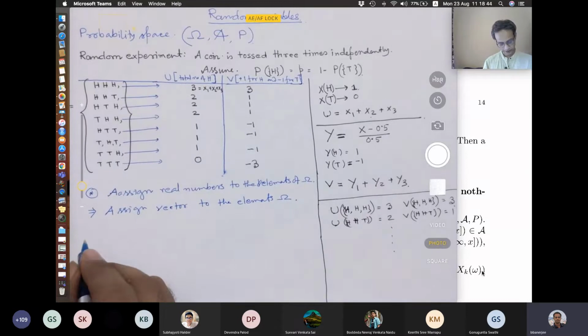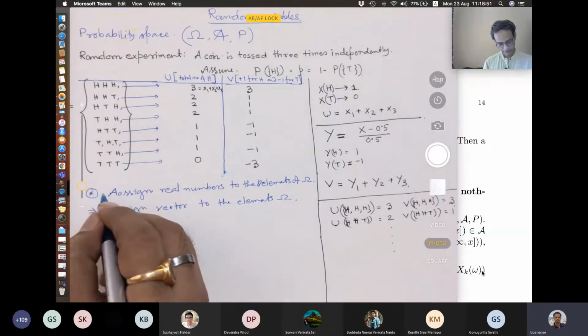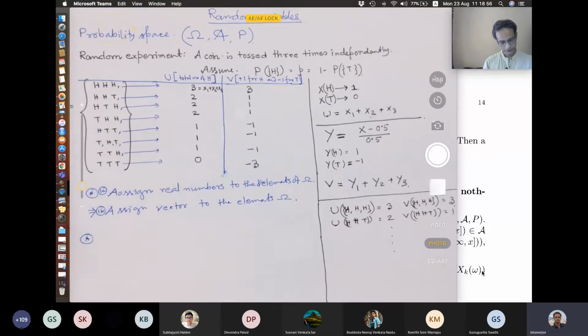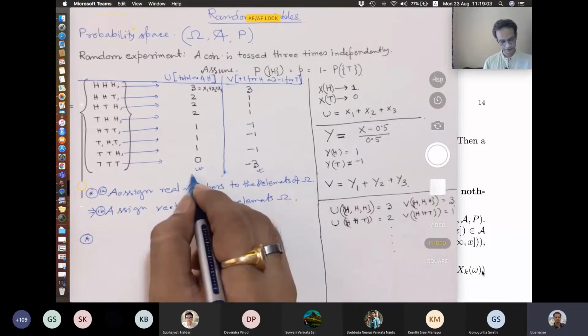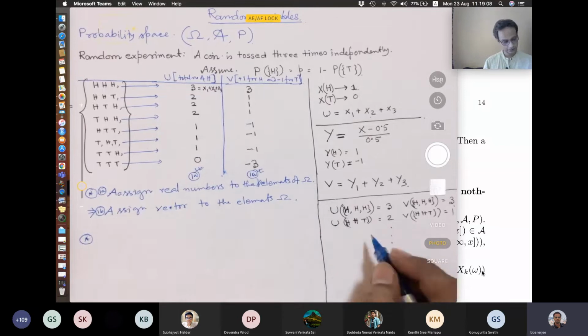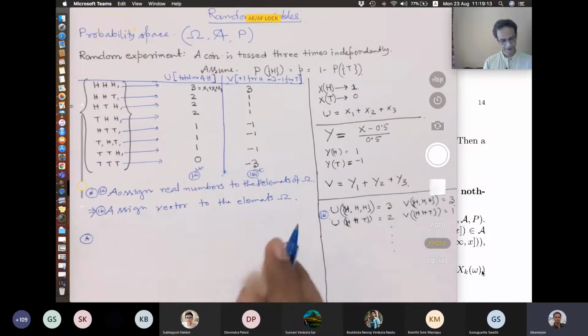So let us call this 1a and 1b. Assigning a real number to omega is the example of 1a, and as a combination of them, this is the example of 1b, assigning a vector to each of the elements of omega.